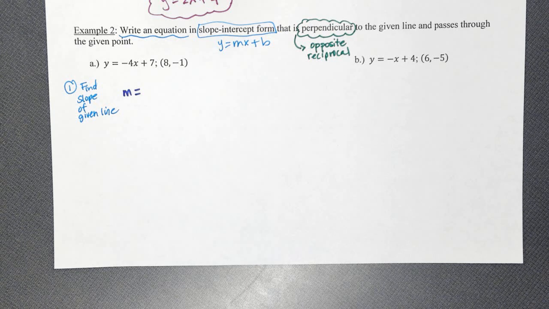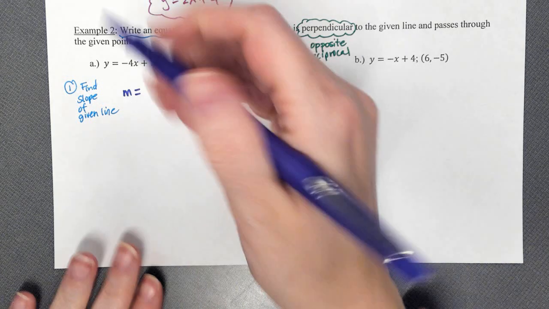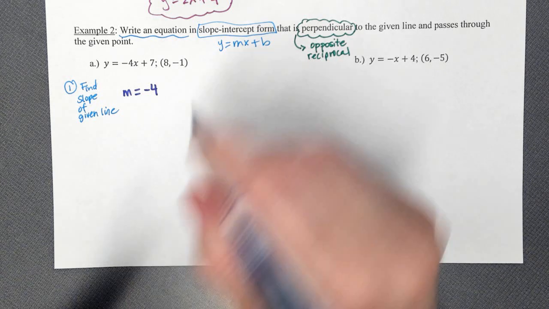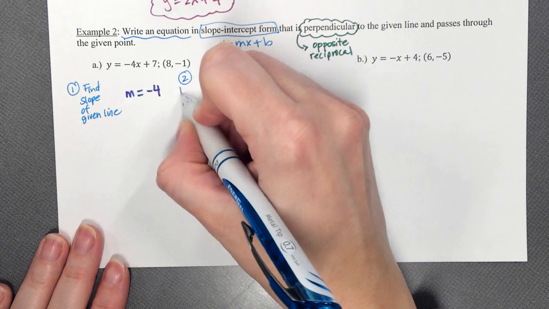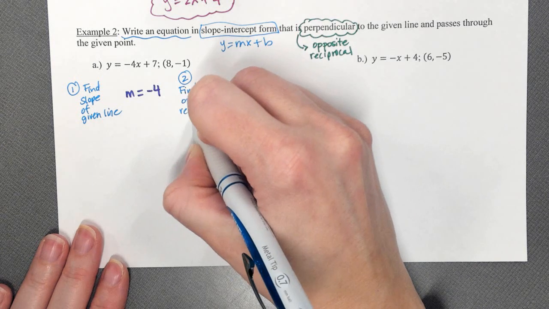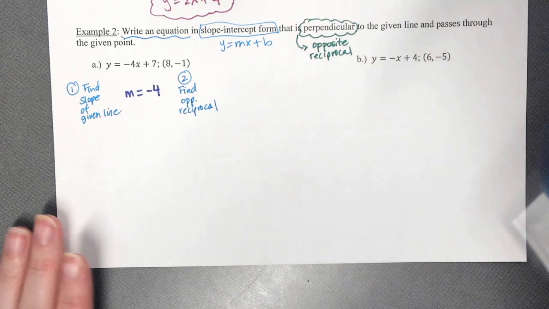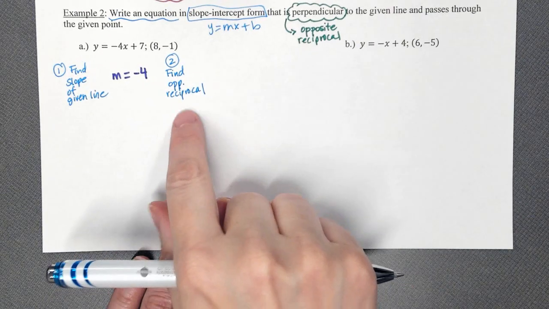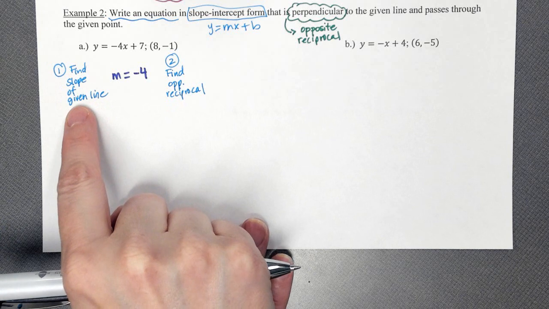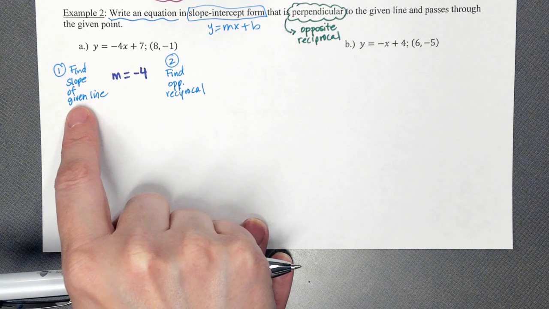Okay, so Reagan, what'd you get for your slope for this? Yep. Okay, and then if you're doing the opposite reciprocal, the reason why I'm writing out these steps for you is so that when you're doing this on your own here in just a minute, you can just read the directions and use that to help you.